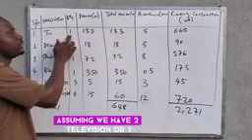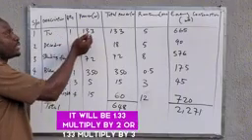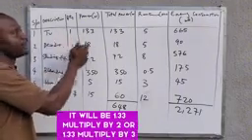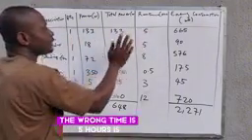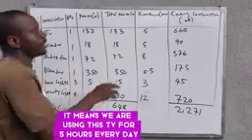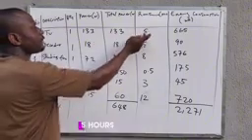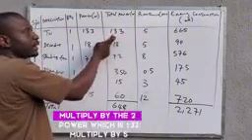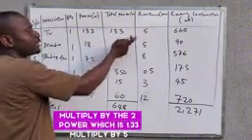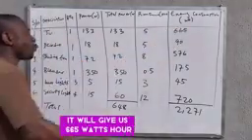Assuming we have 2 televisions or 3, it will be 133 multiplied by 2 or 133 multiplied by 3. So the runtime is 5 hours. It means we are using this TV for 5 hours every day. Then the total daily energy consumption of this TV will be 5 hours multiplied by the total power, which is 133 multiplied by 5. It will give us 665 watt hours.